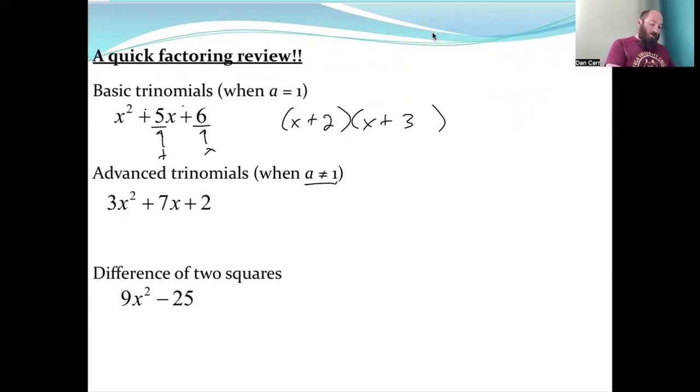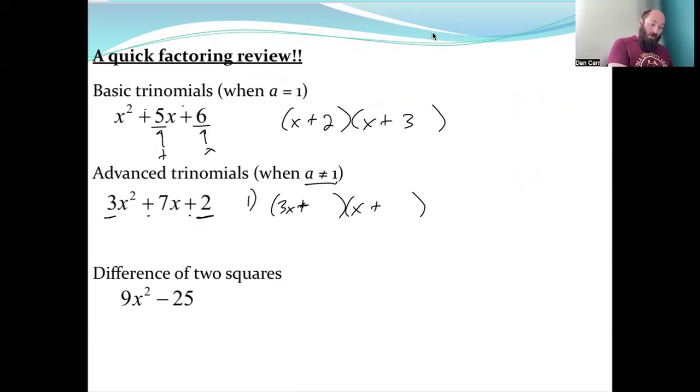If a does not equal 1, like this 3 here, things get a little bit messed up. This one's not bad, but you can do either guess and check. So I'm going to do this right here, where 3x squared needs to come from 3x and x. If I have a plus plus, I know it has to be a plus plus again here. And then my numbers here are 2.